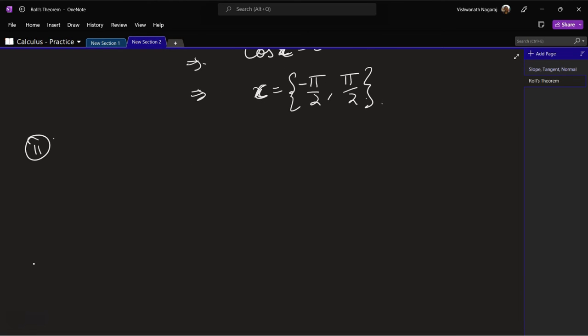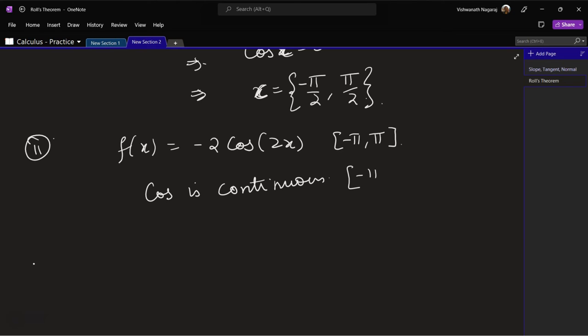Now, 11th one, f of x is equal to minus 2 cos 2x in the interval minus pi to pi. We know cos is continuous in the closed interval minus pi to pi.